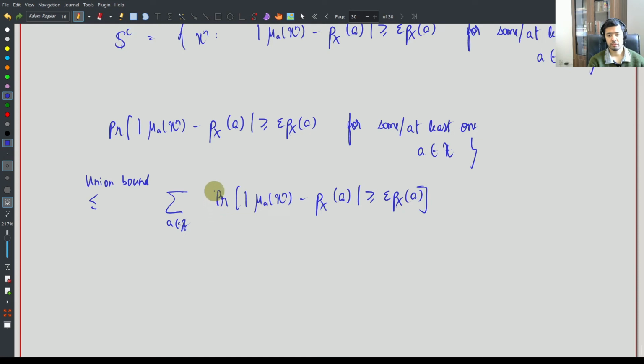And therefore, by the weak law of large numbers, each of these terms tends to 0 as n tends to infinity. Or whatever, you can use Chebyshev's inequality. Remember that in the assignment, you derived a bound on this particular quantity.